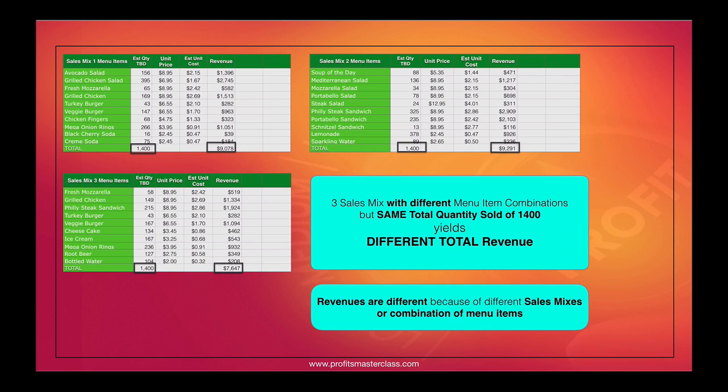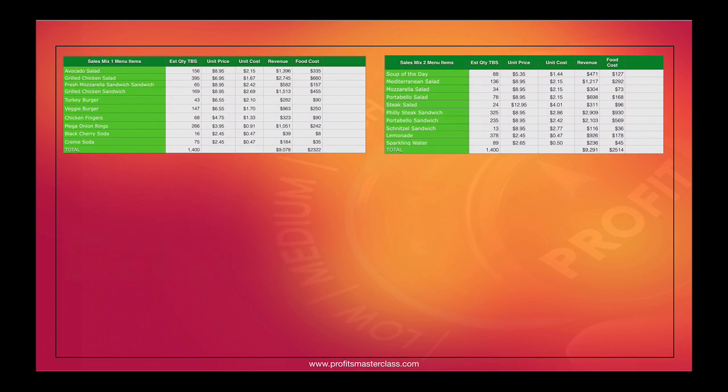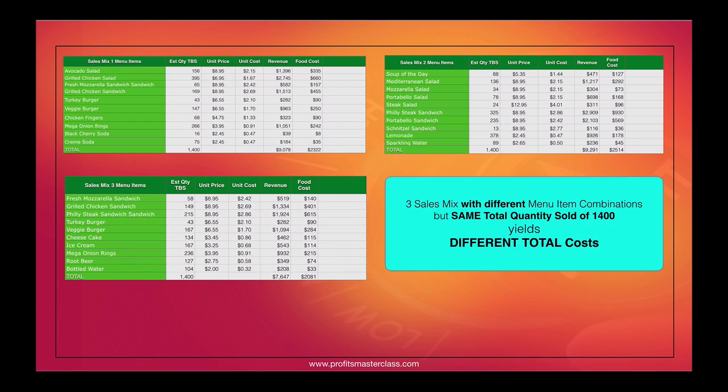First though, let us calculate the total costs for the 3 sales mixes, just like we did for the revenues. We have calculated the total costs for the 3 sales mixes just like we did for the revenues. Again, we can see that despite the total estimated quantity to be sold being the same for all 3 sales mixes, the total costs are different.